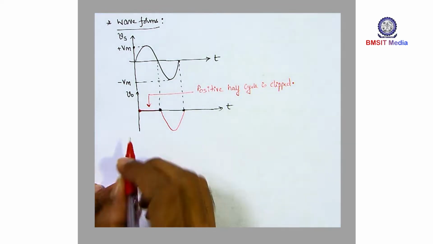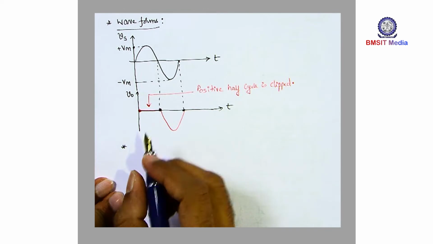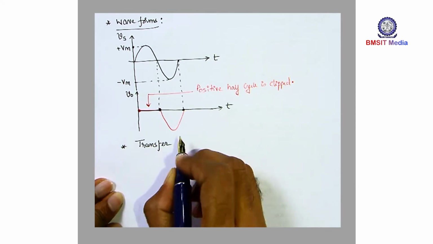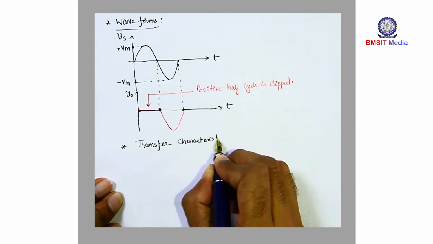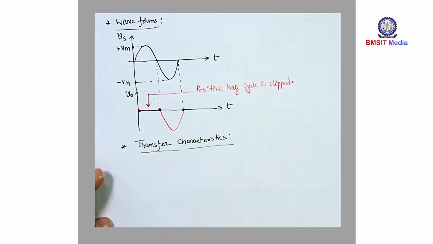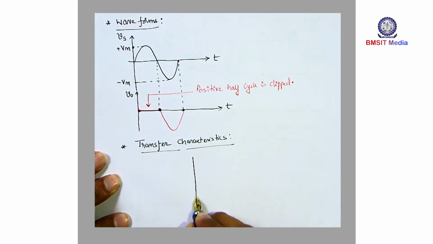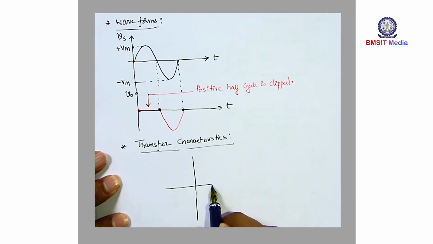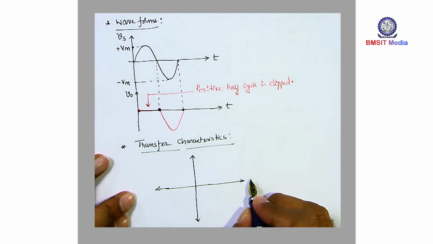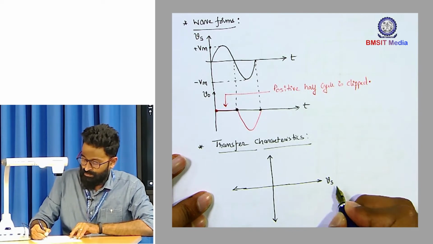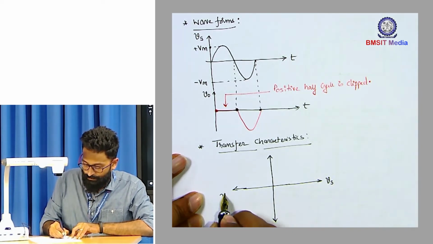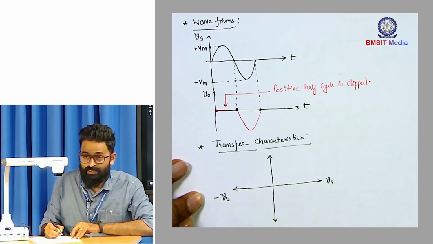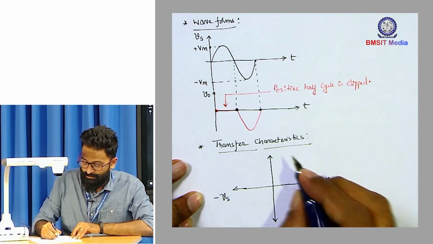Alright. So this is your input output characteristics. You can also plot the transfer characteristics. So how do we plot transfer characteristics? To plot transfer characteristics, we take input along x-axis. So this is the positive half cycle and minus Vs represents the negative half cycle.